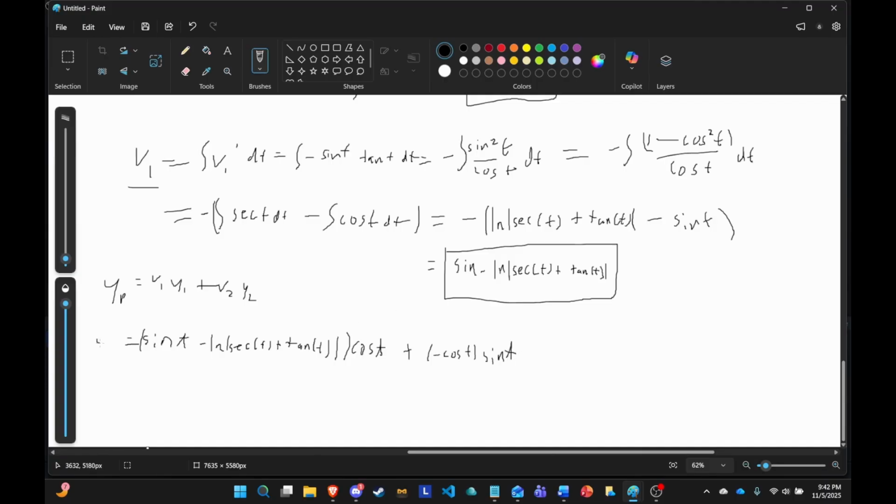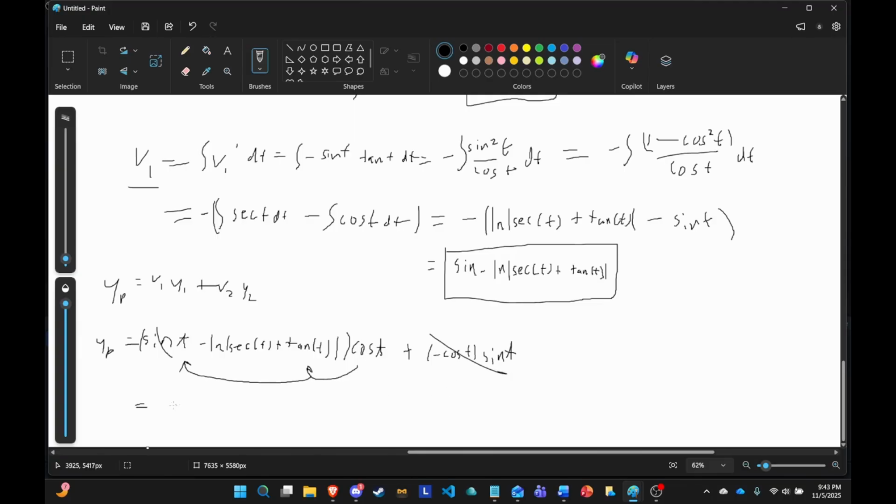And this is correct, but it can be simplified a little bit further because we have sine multiplied by cosine right here. That's sine t cosine t, and we have a negative version of that, which is negative sine t cosine t. So when this cosine is distributed to these two terms, they would cancel out. So this cancels with that.